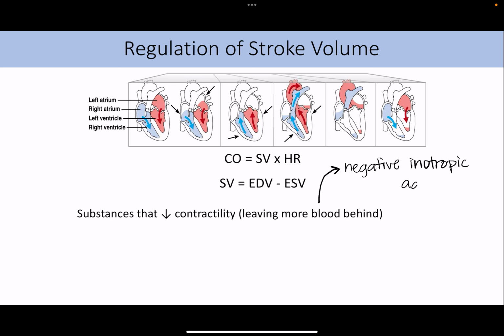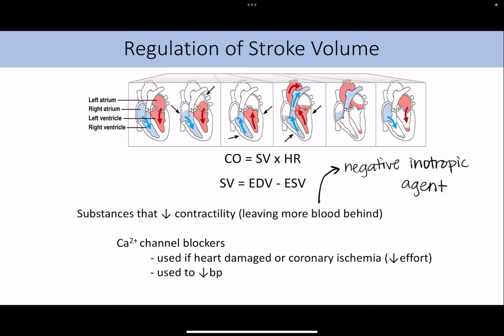It can also be used to decrease blood pressure because remember, the more calcium that's available to the heart, the faster and harder that it works. So we can prescribe calcium channel blockers so that less calcium enters the cardiac muscle cells and they don't work as hard, because you do not want a damaged heart overworking, or a heart that's starved for oxygen. You don't want it working too hard.